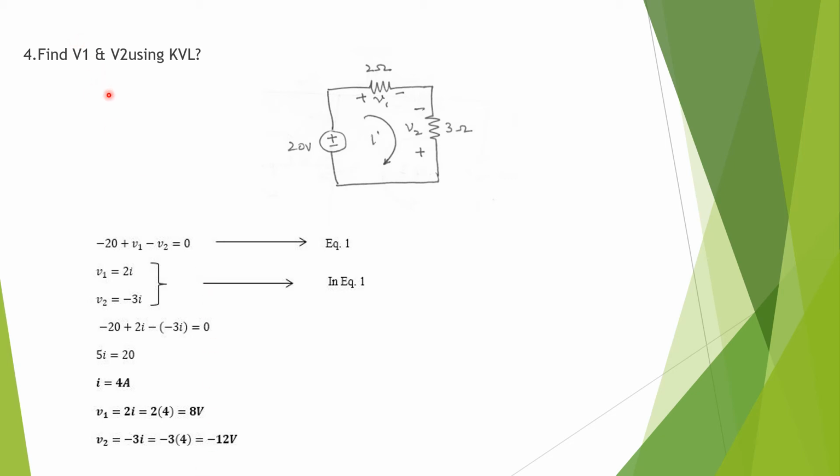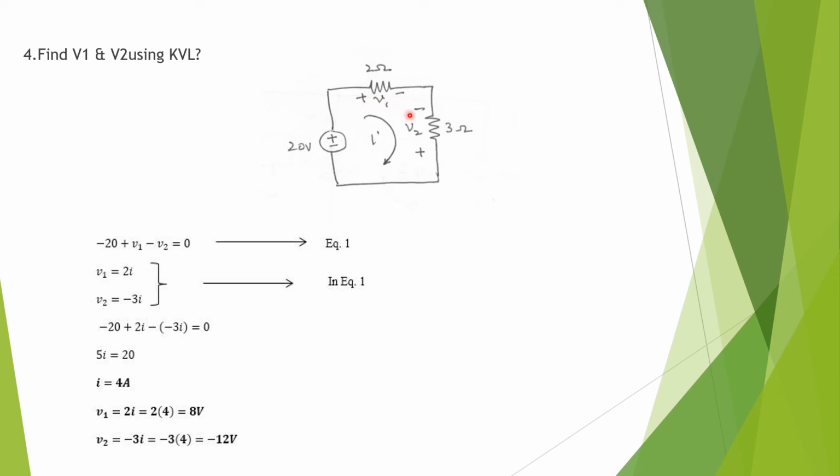Here in this problem we need to find V1 and V2 using Kirchhoff's voltage law. You can see that V1 is nothing but the voltage drop across this 2 ohm resistor and V2 is the voltage drop across the 3 ohm resistor. So we need to find the voltage drop across the 2 ohm and 3 ohm resistors.